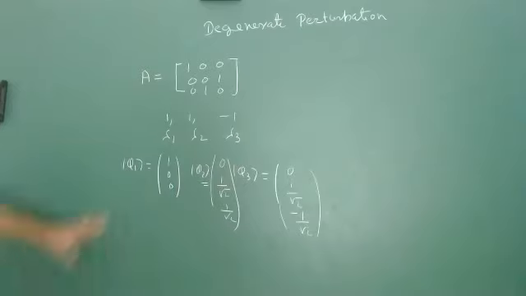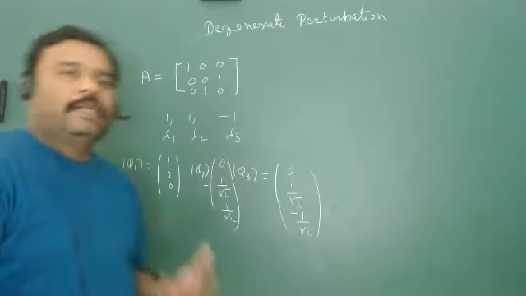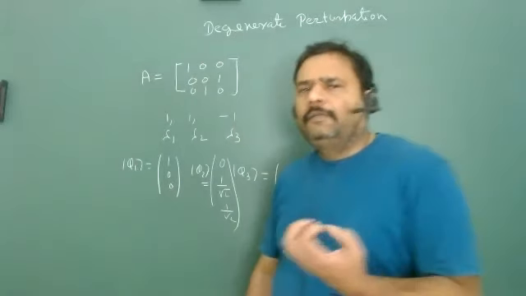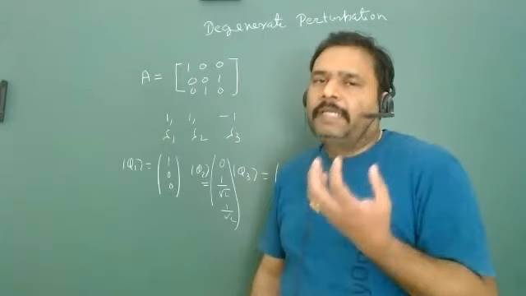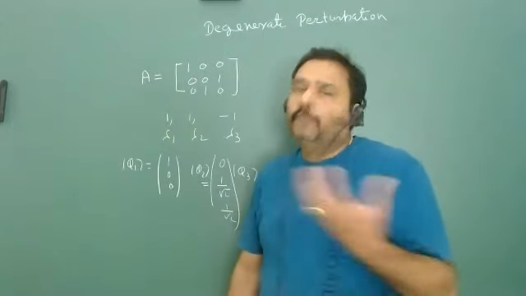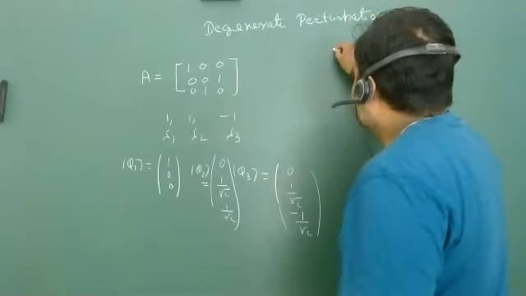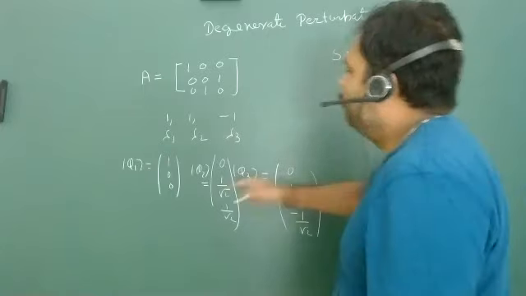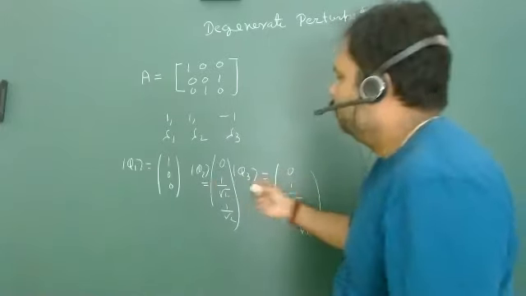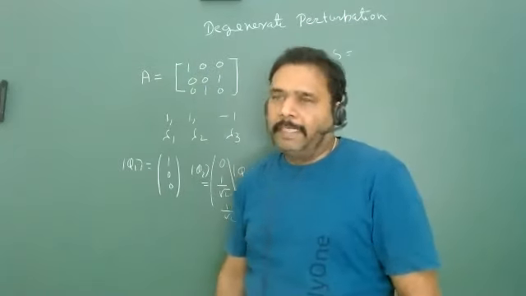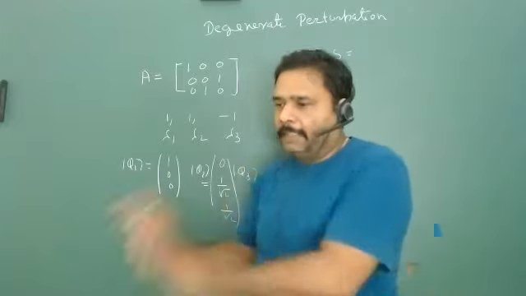Now we construct an S matrix in the basis of phi 1, phi 2, and phi 3, because they are eigenvectors of matrix A, and I will make this S matrix unitary.